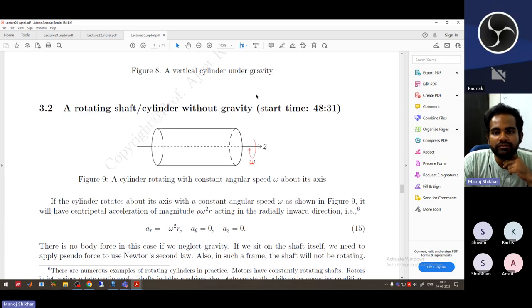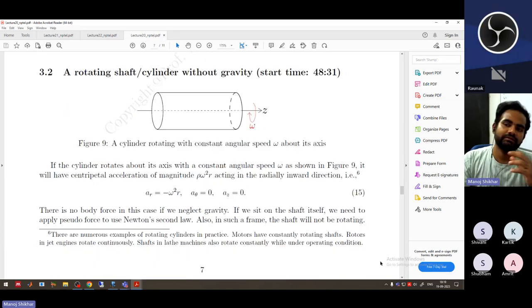What if the cylinder was rotating? In that case, the acceleration of the cylinder will be minus omega square r, and A theta and AZ will be 0 because it is just rotating. So we will have only the centripetal acceleration. Suppose in this example some angular acceleration was also present.